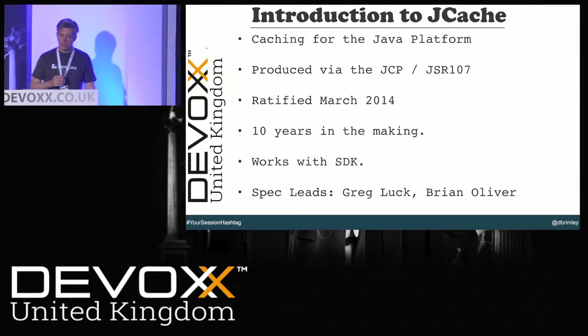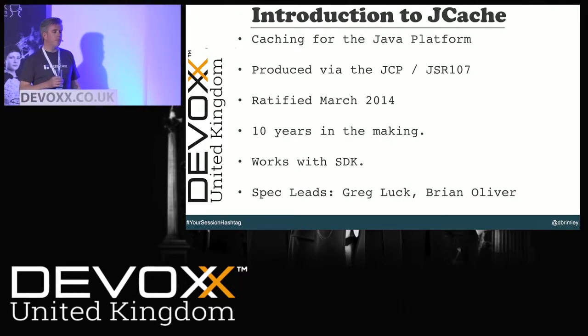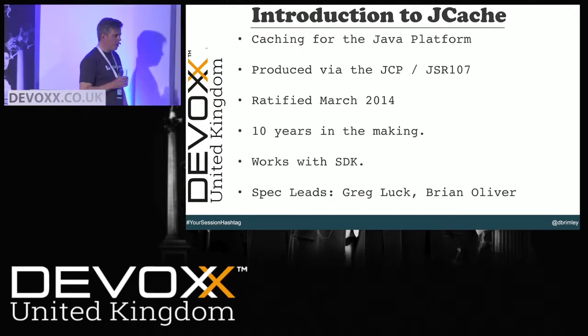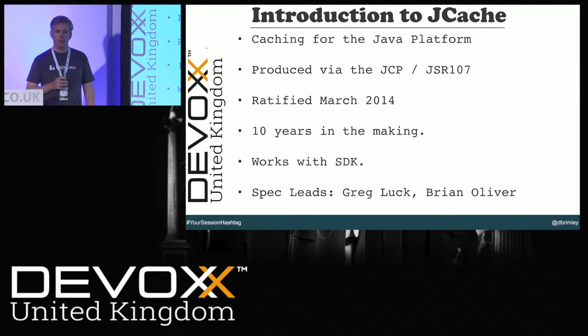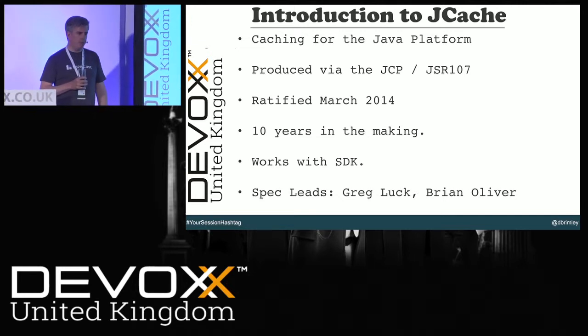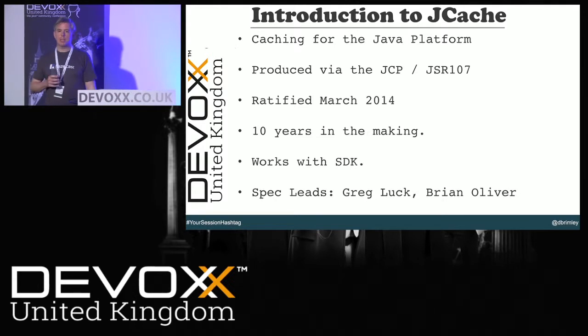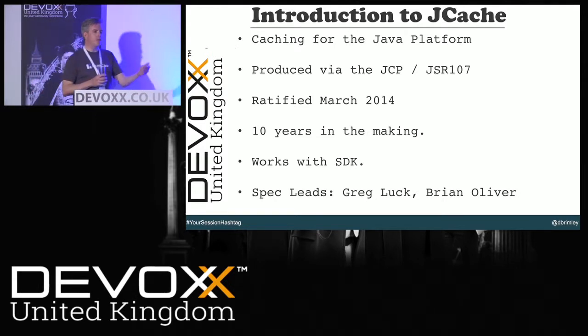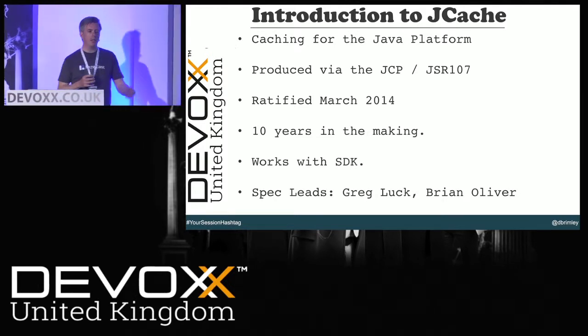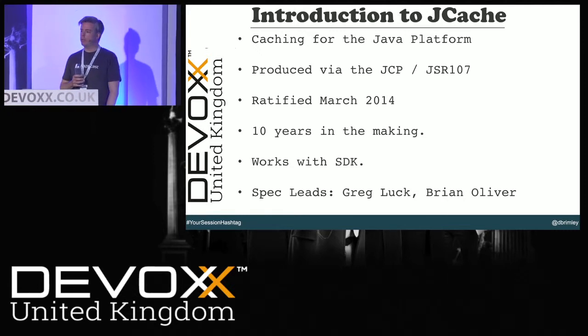As I said, it's a caching specification for the Java platform. So when somebody asks me to describe it in one sentence, if any of you were around, maybe, I don't know how long ago now, when we had Java and we didn't have JDBC, or when you've had any of these programming languages and you haven't had a common API to deal with all of the different databases, you would have known how hard that is.